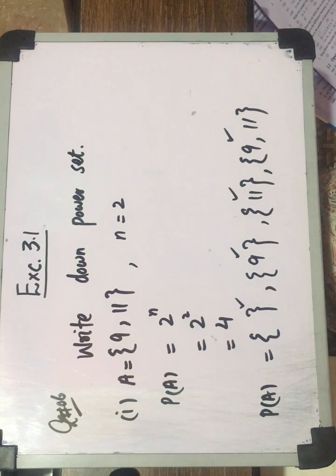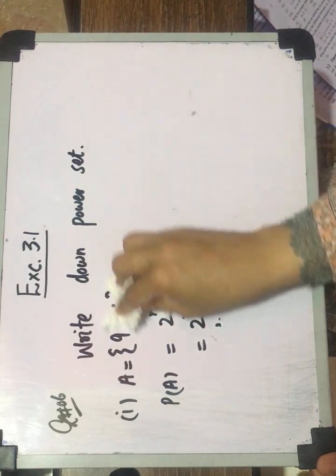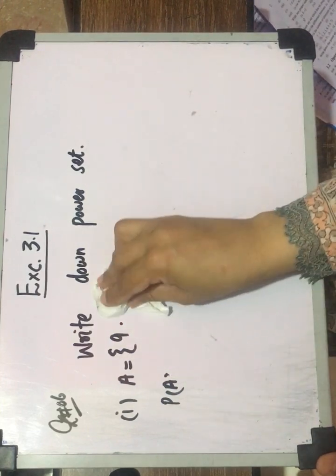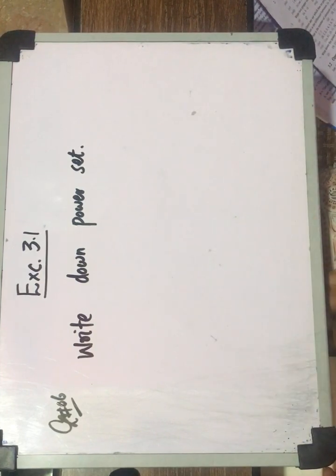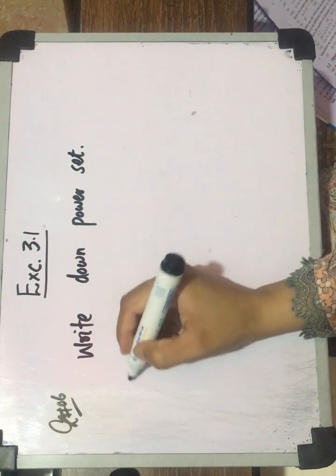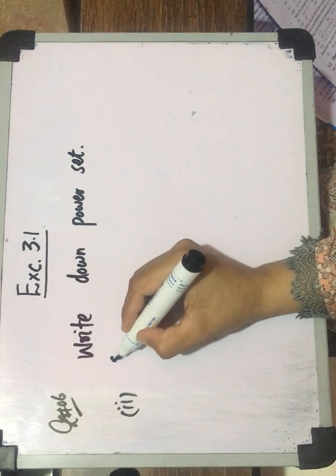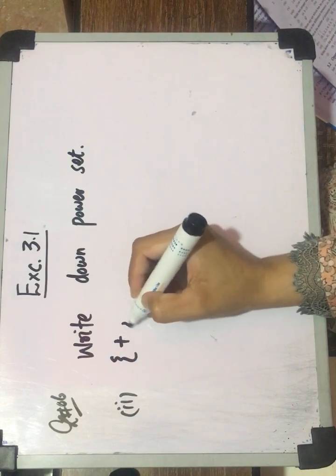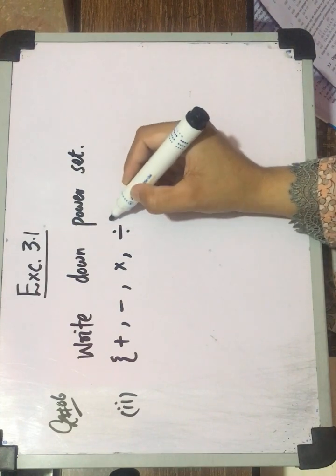Okay students, let's say we have a set having 4 elements in it. Then how many power sets will there be? For 4 elements we have 16 power sets. In number 2 we have plus, minus, multiply and divide.